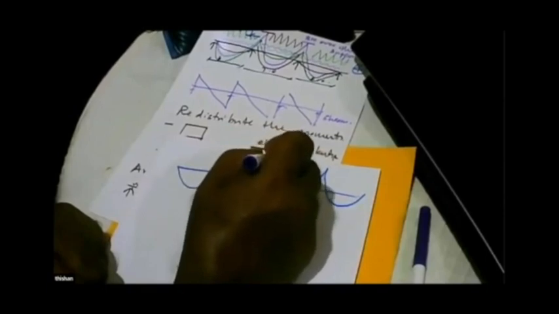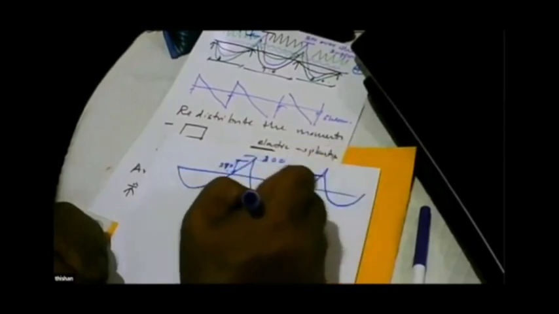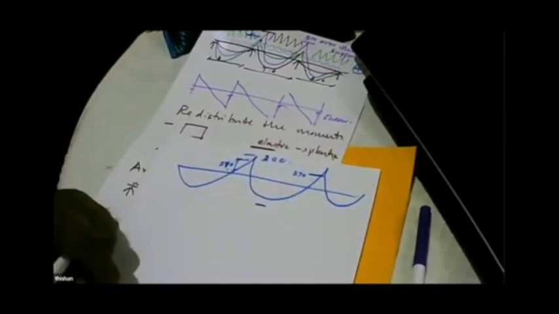So what happens? I have a bending moment diagram going like that. Let's say the value is 300. I'm going to design it for 270. And I'm going to design this for 270. Then what will happen to this moment? This moment should be increased. So how do you find how much to be increased?